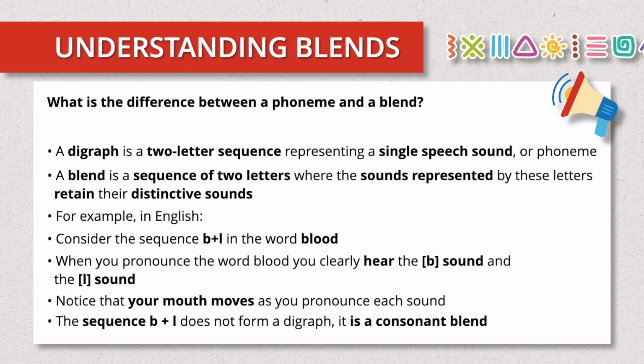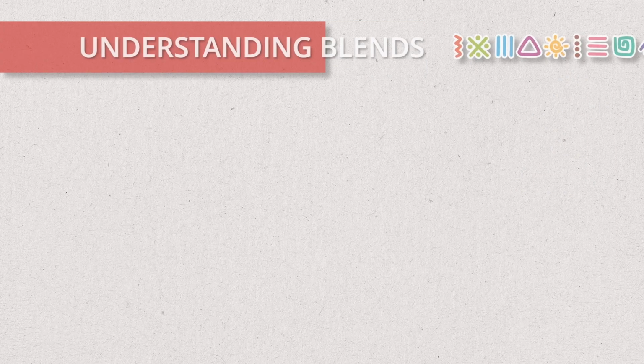For example, in English, consider the sequence b-l in the word blood. When you pronounce the word blood, you clearly hear the b sound and the l sound. Notice that your mouth moves as you pronounce each sound. The sequence b-l does not form a digraph. It is a consonant blend.